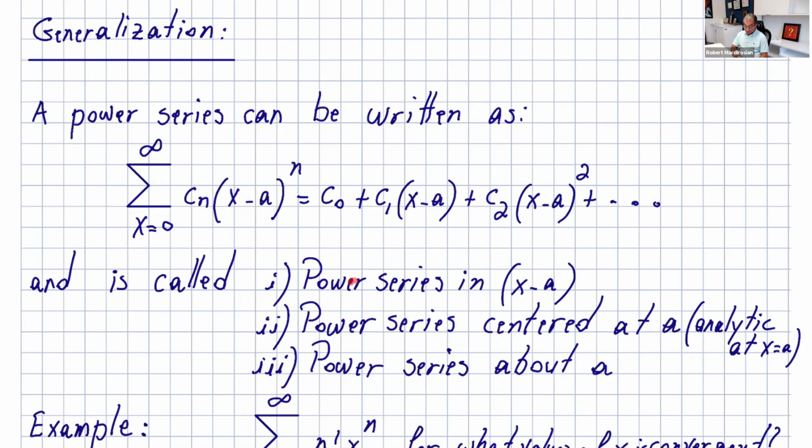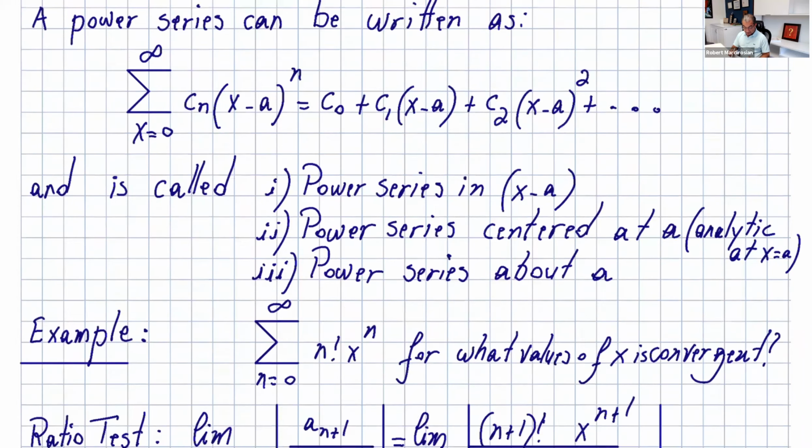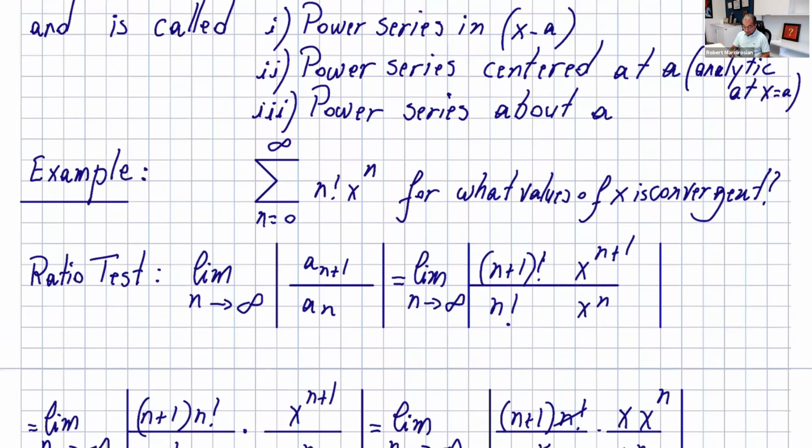You say this is a power series in x minus a, or power series centered at a. You can hear that term also, analytic at x equals a, or you can hear power series about a. They all mean the same thing. And it converges for sure at x equals a.